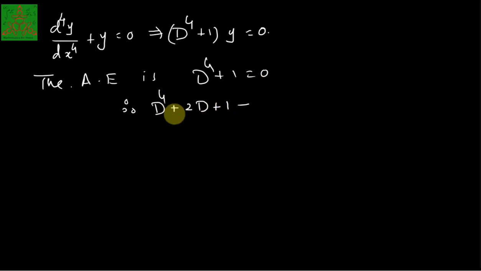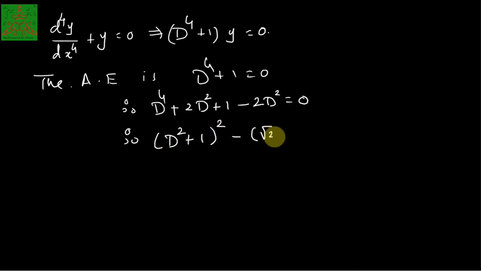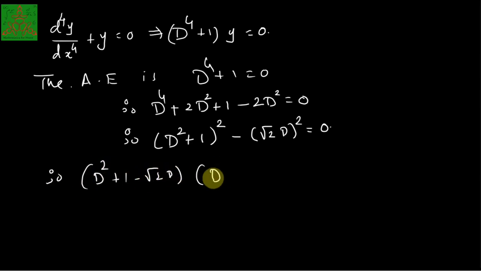So I am adding 2D square and subtracting 2D square here. And since I am adding this 2D square, this will be (D square plus 1) whole square minus (root 2 D) whole square equal to 0. So that's why we can factorize this as (D square plus 1 minus root 2 D)(D square plus 1 plus root 2 D) equal to 0.